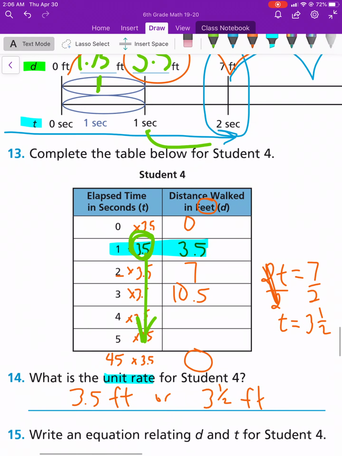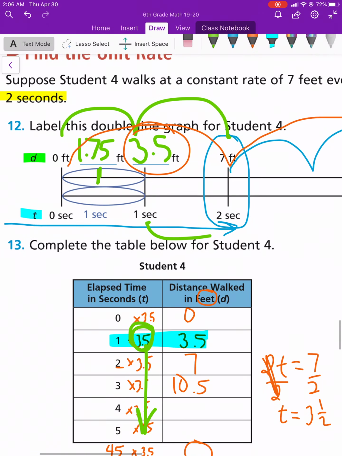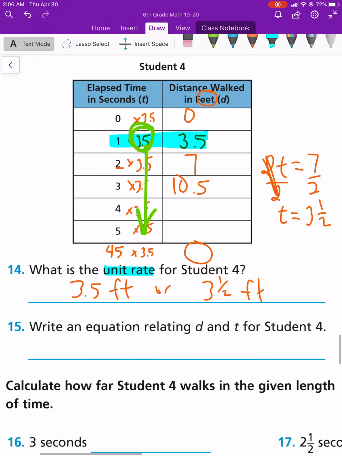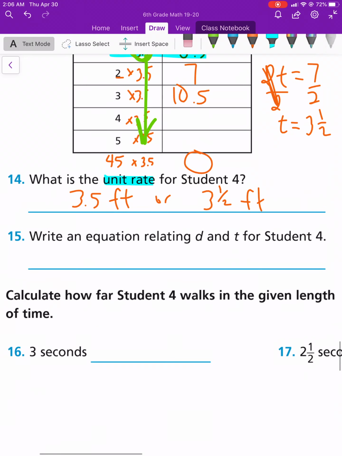Though I prefer decimals. That's just me. Okay, so write an equation relating d and t. Well, if I look at that, it's just 1t times 3.5, sorry, 3.5t. Let's just write this, 3.5t equals d, right?